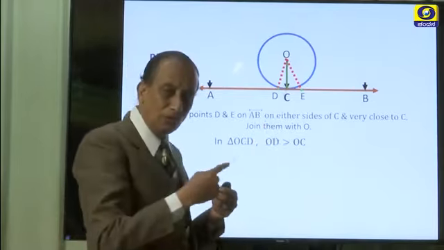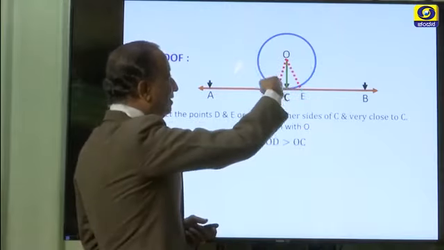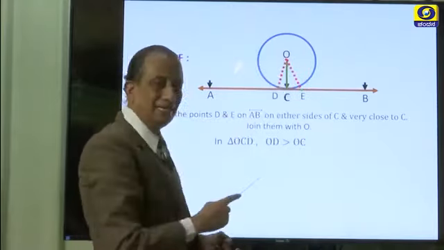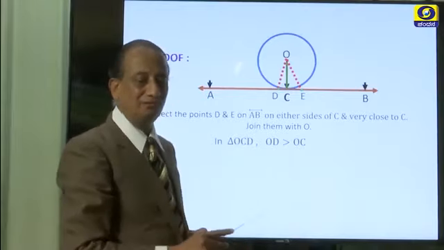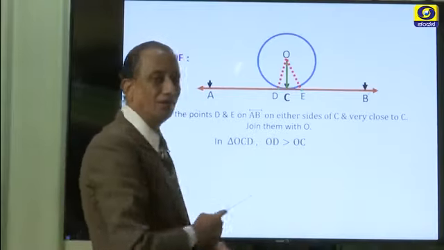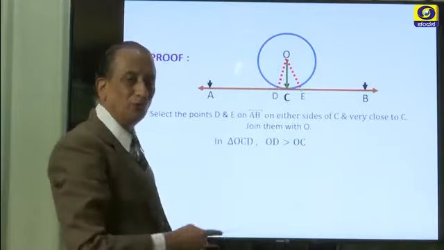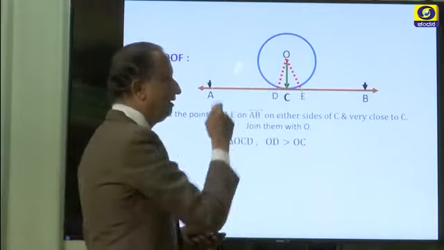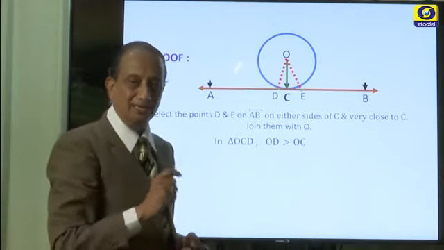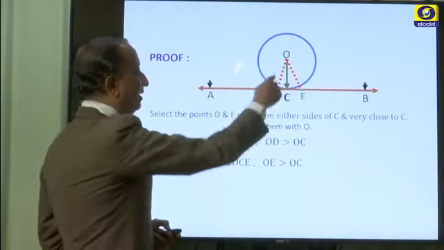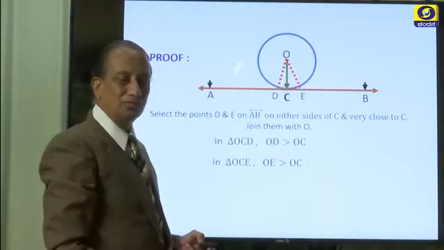So C is the only point in common to the circle and the straight line AB. So naturally D cannot lie on the circumference, it has to be on the tangent AB. Therefore if you compare the lengths of OD and OC, definitely we can say that OD is greater than OC in length. Similarly on the right side we have another triangle OCE.